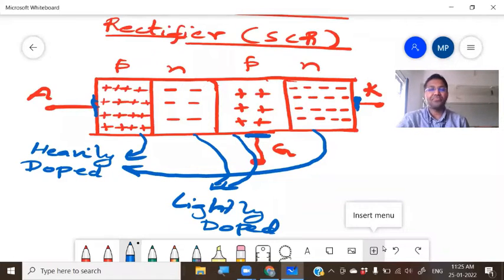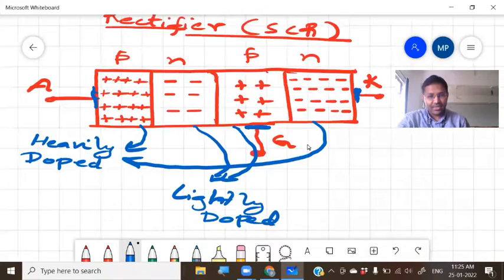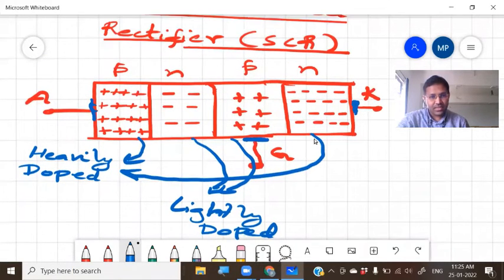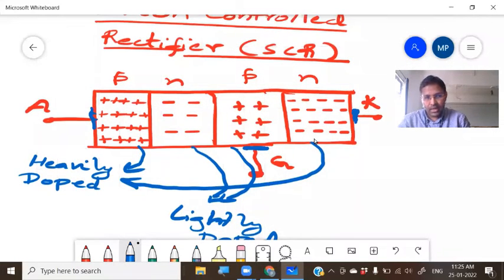Next, what happens in SCR is, suppose you forward bias. What do we mean by forward bias? Forward bias of the entire device means positive here and negative here. If you connect positive at anode, negative at cathode, it is forward biased.